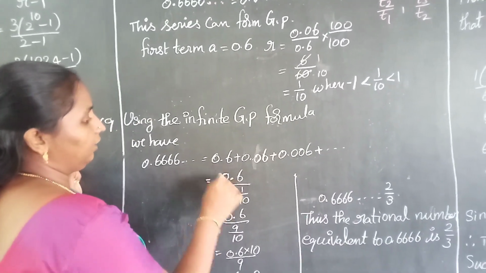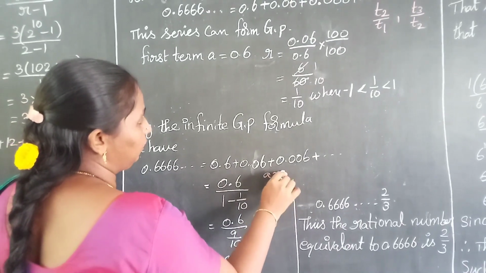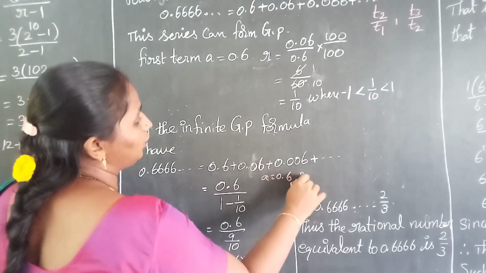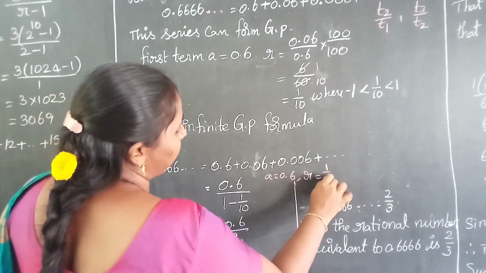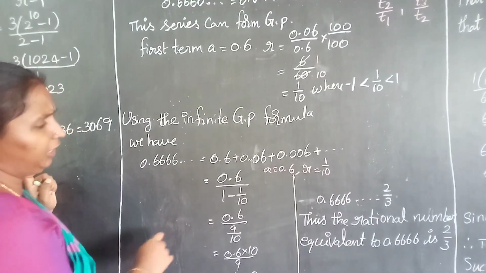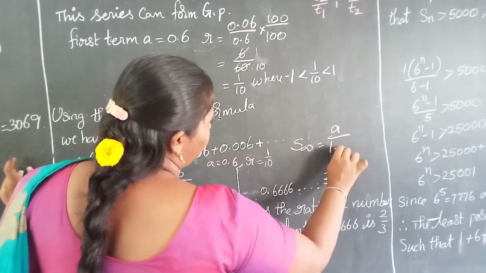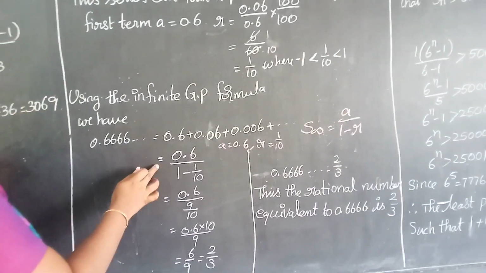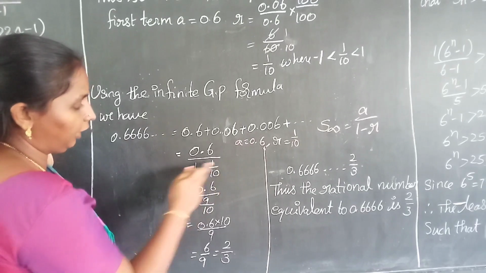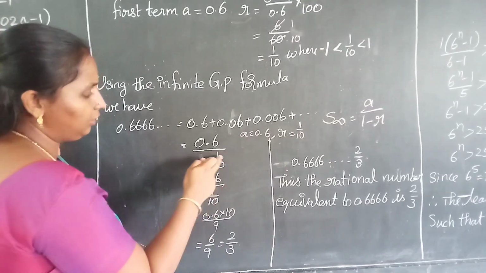Here the first term a is 0.6 and r is 1 by 10. The S infinity formula is a by 1 minus r. Substitute: 0.6 divided by 1 minus 1 by 10.